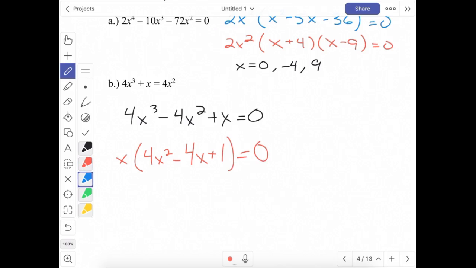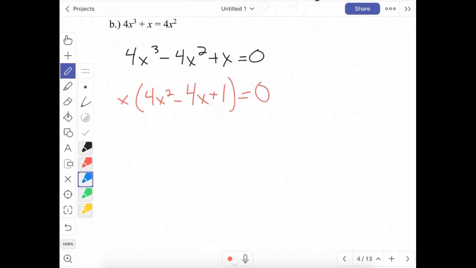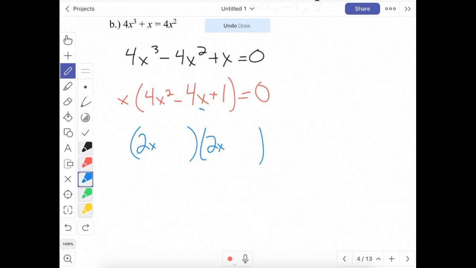So if I'm trying to factor down that 4x squared and that 1, I'm going to try a 2x and a 2x. And if they multiply to get a 1 and add up to get negative 4, I'm going to try a minus 1, minus 1. Still have that x on the outside. It's still set equal to 0.